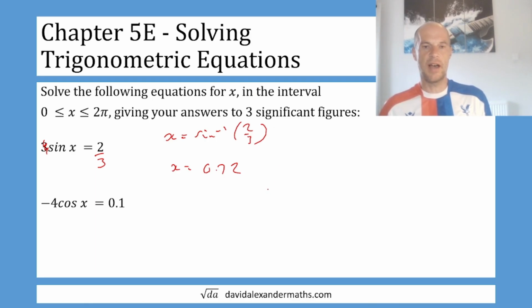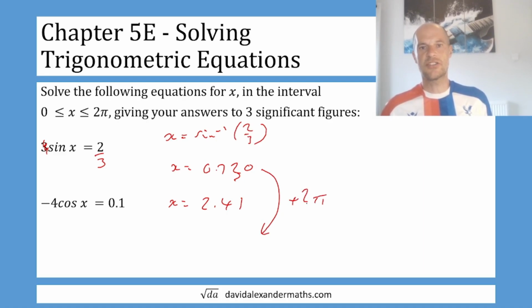And my next solution is going to be pi minus that, so pi minus answer, which is 2.411, so 2.41 to 3 significant figures. If I add 2 pi onto this first solution, well, if I add 2 pi onto something that's positive, that will definitely be greater than 2 pi, so I know that I'm done.